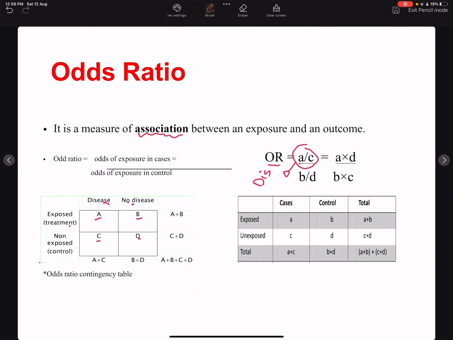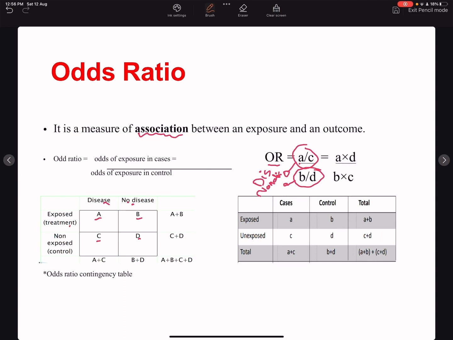This is going to be divided by B and D, B over D. What is B? B is the group who were exposed to the treatment and did not get the disease. And D is the group who did not get the disease and were not exposed to the treatment. So these are non-diseased.